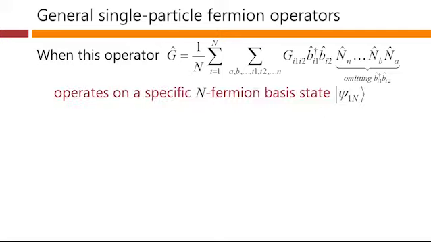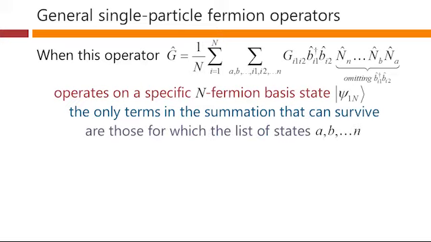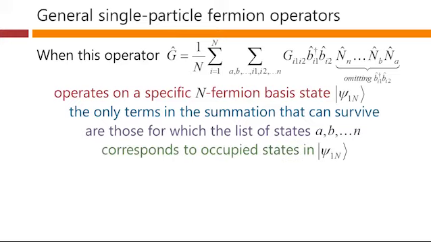When this operator operates on a specific n-fermion basis state, the only terms in the summation that can survive are those for which the list of states, a, b, up to n, corresponds to the occupied states in this particular state we'd chosen here.